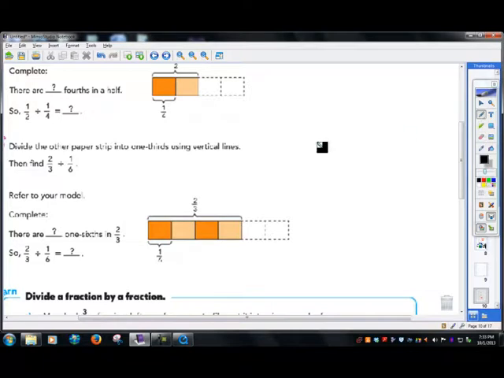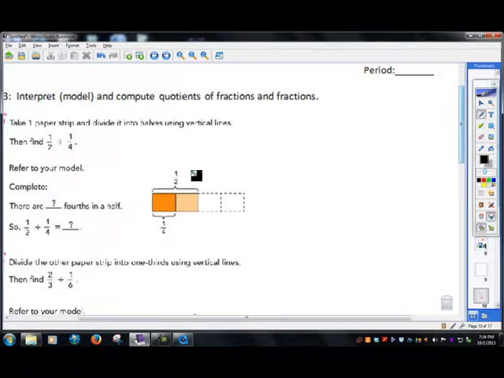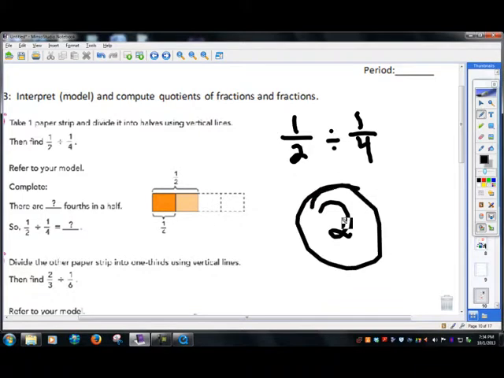But right now, what I'm trying to get you guys to see is that when you're dividing, it's weird to think about, because you're taking the number 1/2, which is a partial, and you're dividing it by another partial, but yet you're getting a whole number, and that's so hard for students to wrap their head around.